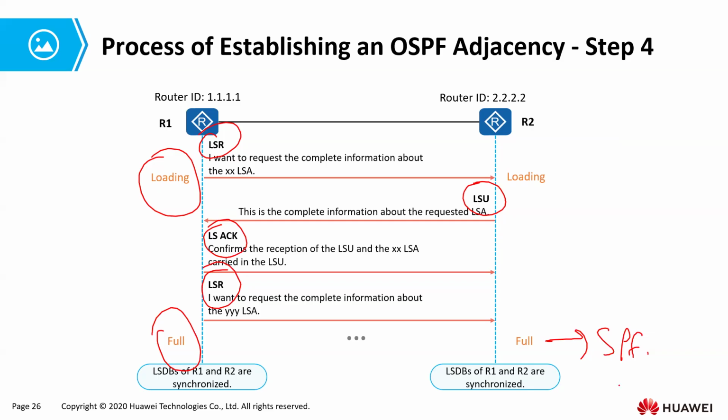So in short, my states go like this. Down state. If I exchange my hello packets, I move into the initialization state. If I exchange my hello packets again, I move into the two-way state.